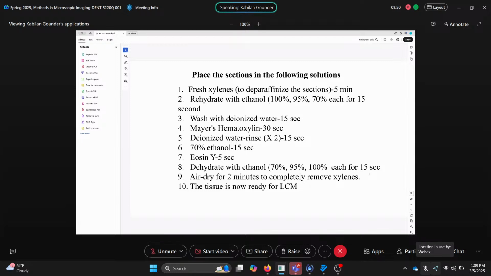And then now your sections are stuck onto the slides, and you can stain with hematoxylin and eosin, and then wash it again, air dry, and observe under either fluorescence or bright field microscopy. Then if you want to go for laser capture microdissection, you can take the sections according to the use of either bright field or fluorescence microscopy.